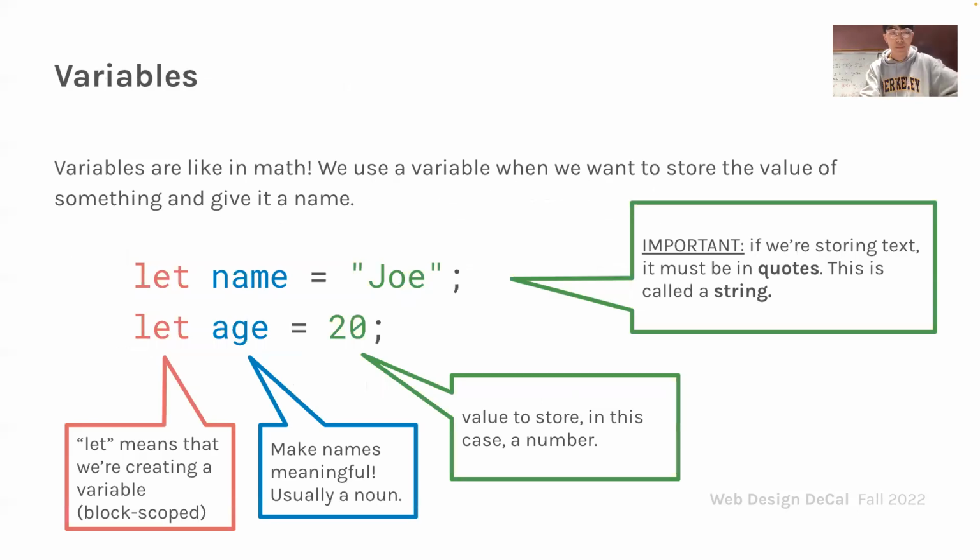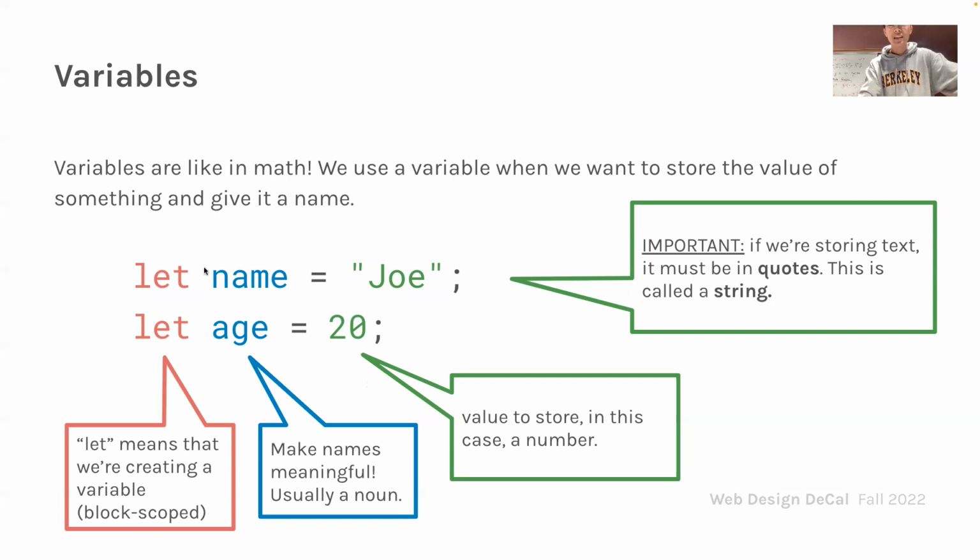Okay, so we already said it's like math. This is the syntax that we use to declare and initialize our variables. This keyword let is essentially saying that we're creating a variable. So again, let x or let k. In this case, we're saying let name. So name is the name of our variable.